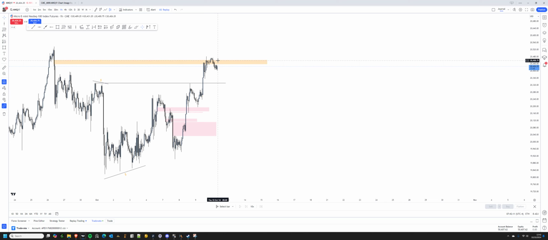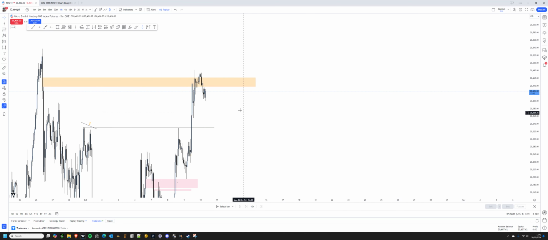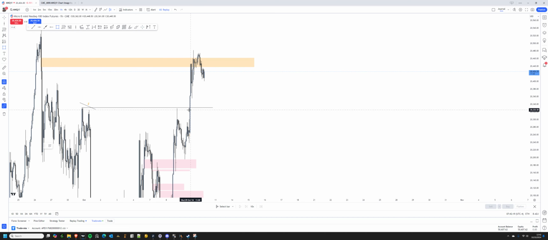But obviously we've had this bearish move here. So yeah, I'm not really sure. I quite like at least this FVG as a draw. So if we want to continue higher, I would expect this to come down here, but nothing really clear for me today.